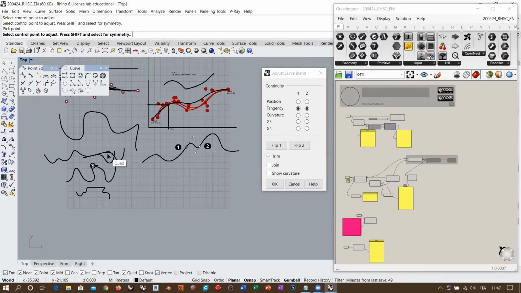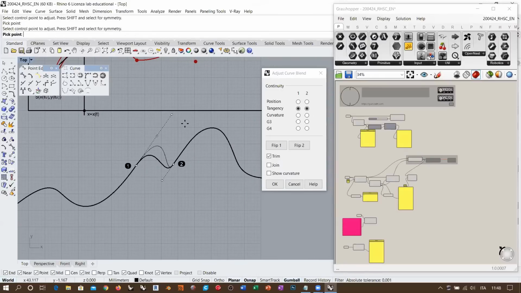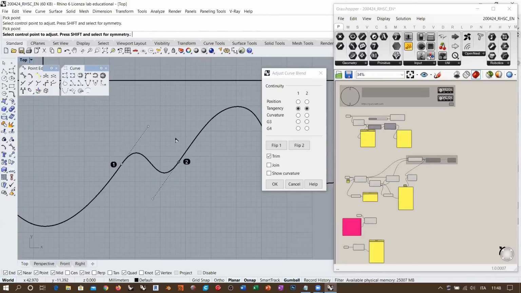You can simply change the shape of the curve without breaking the geometrical rule, which was being tangent to a specific line, by sliding the control point along the tangent line, which is something that's happening here automatically, okay? And I can do this for both ends of the blend curve. Now, so there is no difference from this that we are doing here dynamically inside the adjust curve blend and what we did before by hand by tweaking the position of the control point.